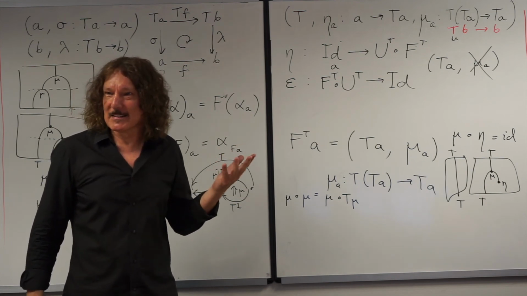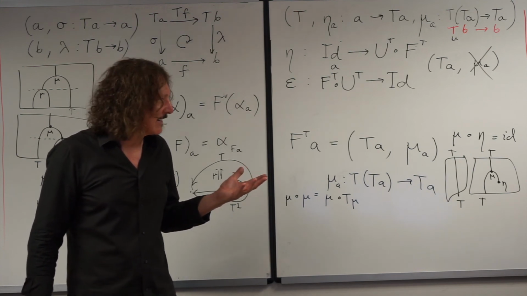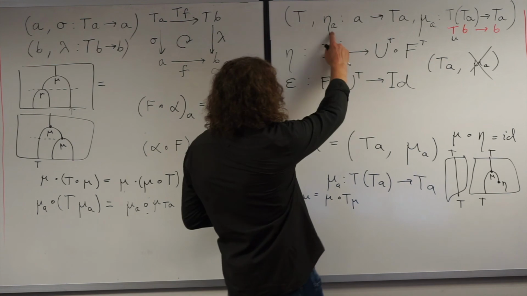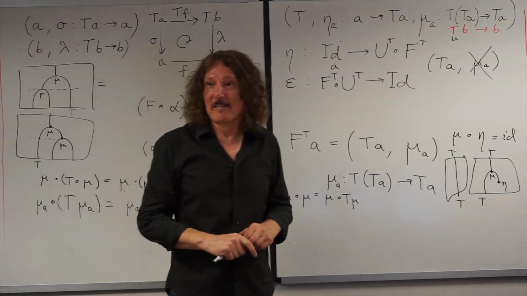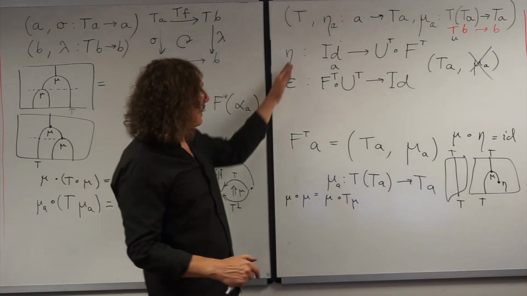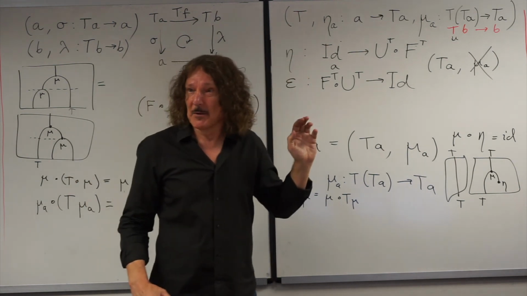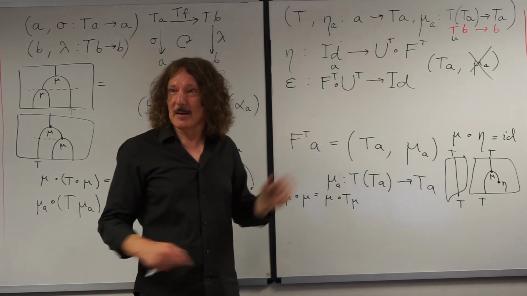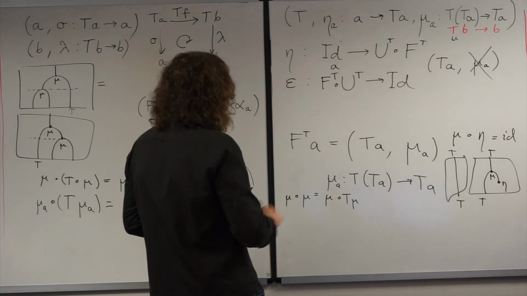Well, I can use my monadic unit, right? This guy goes from A to TA. So I have a candidate for the unit. The unit of the adjunction can be the unit of the monad. It has the same signature, right? What about epsilon?